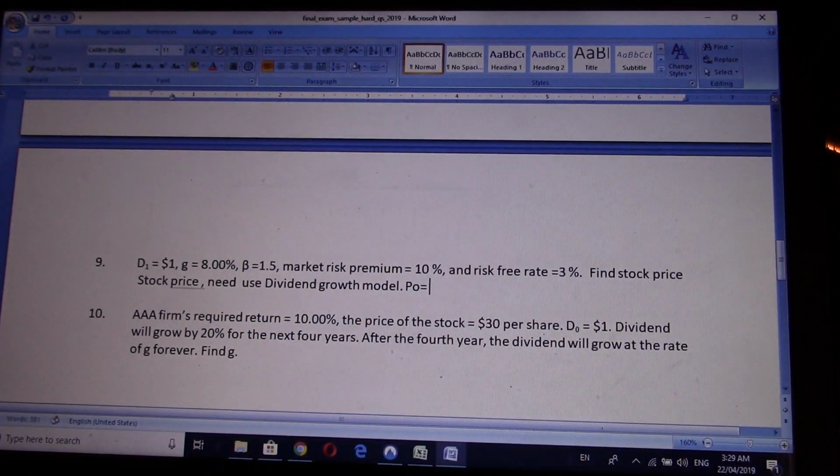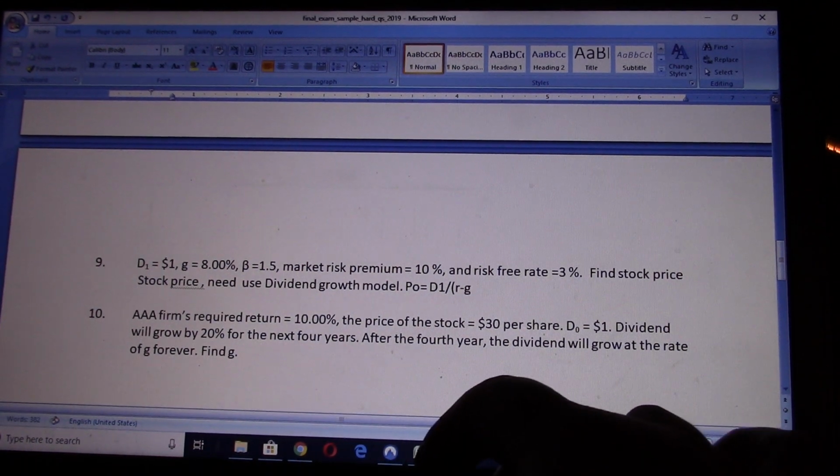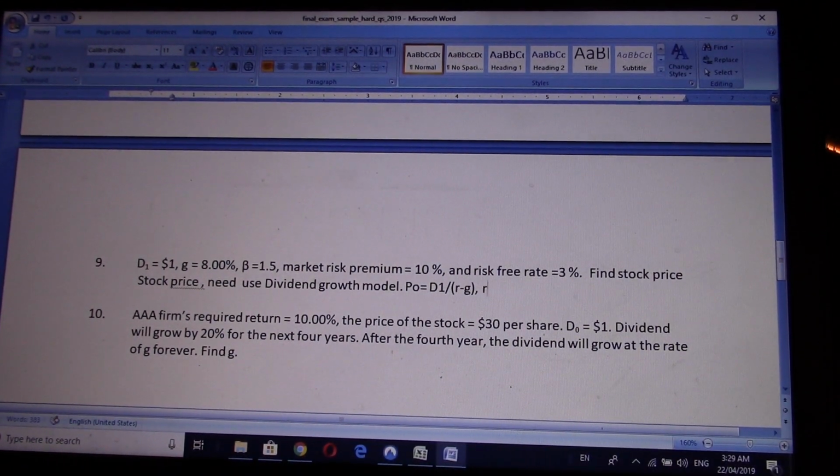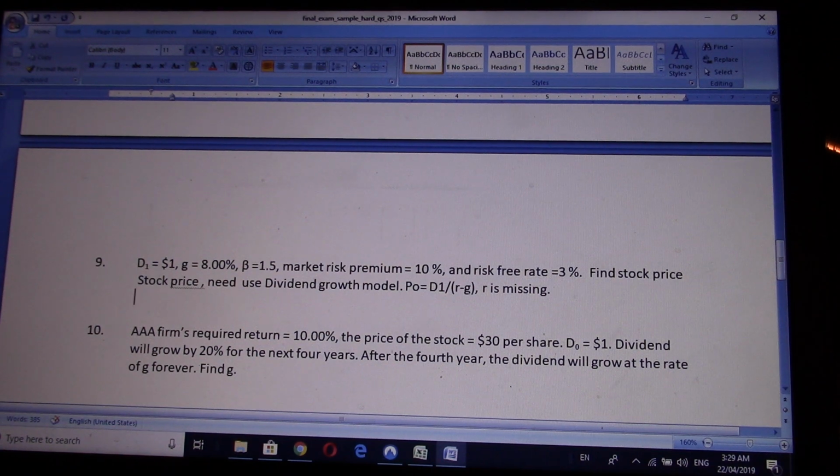P0 equals D1 over R minus G. Now you read the question, but R is missing. D1 is given, G is given, R is missing. However, you can get R based on the CAPM model.